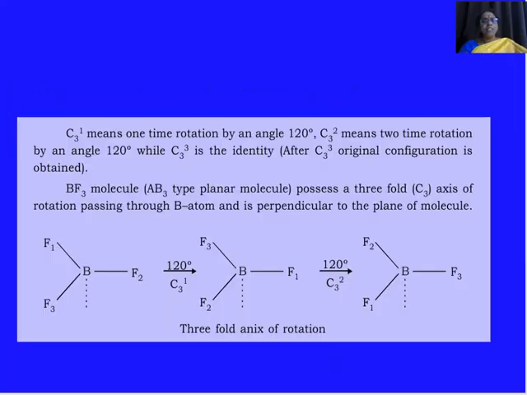In that case, if we rotate through 120 degrees, F1 will come here, 2 will go there, and we get the equivalent configuration. Similar to ammonia, if we rotate another 120 degrees, we get an equivalent configuration. Again if we rotate 120 degrees, we get the original configuration.